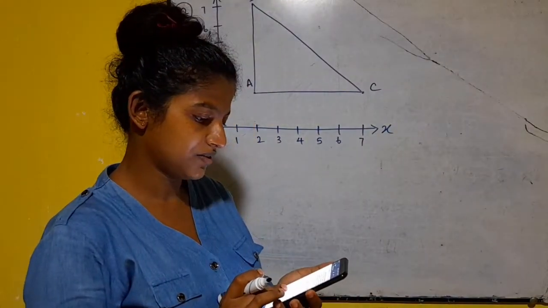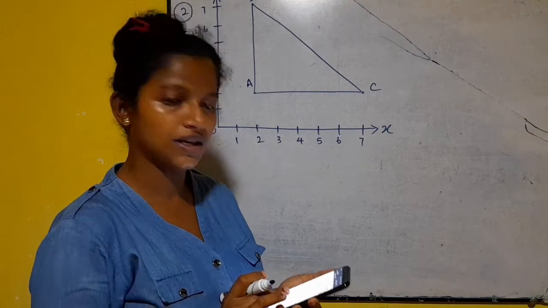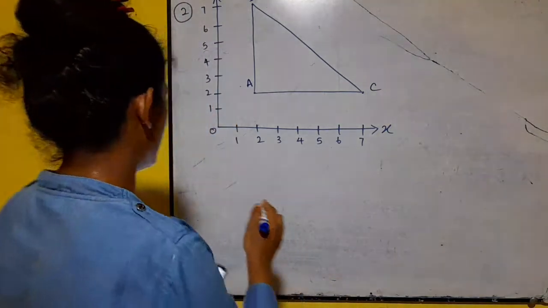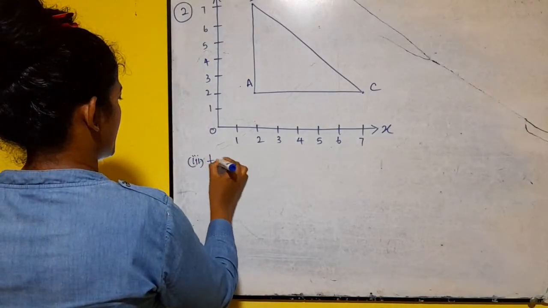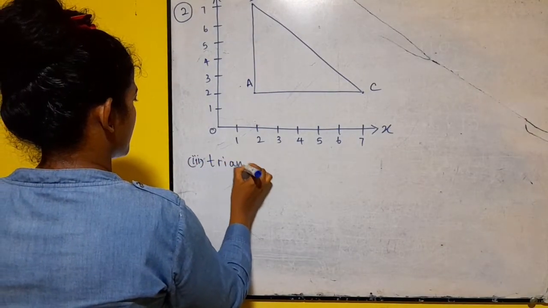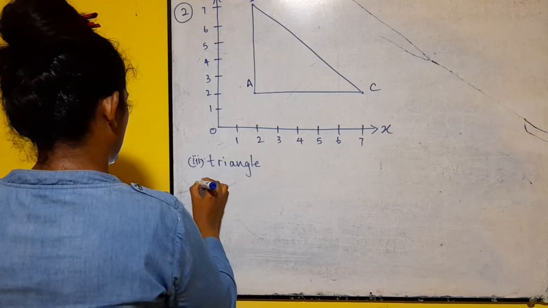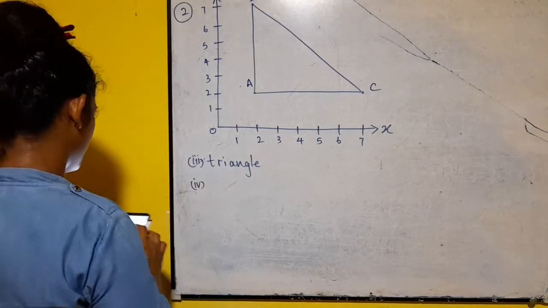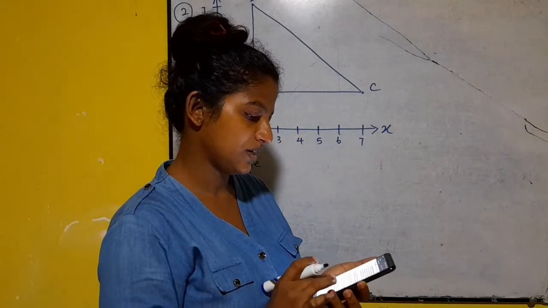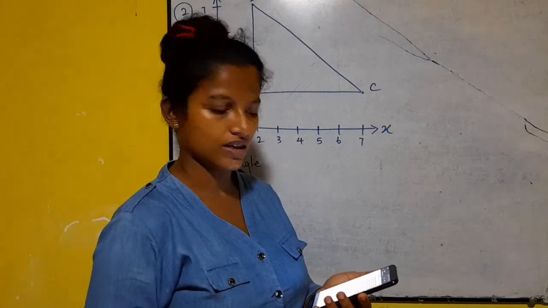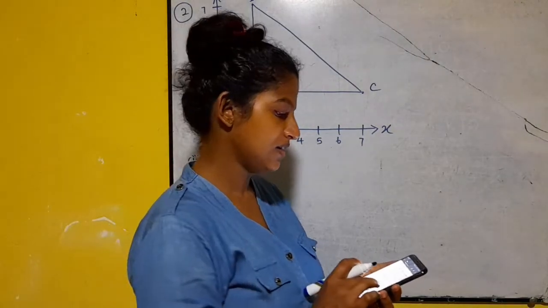Then question number 3, write the name of the figure you obtained. This is a triangle. Then question number 4, write the special names used for this figure, A according to the sides, B according to the angles.